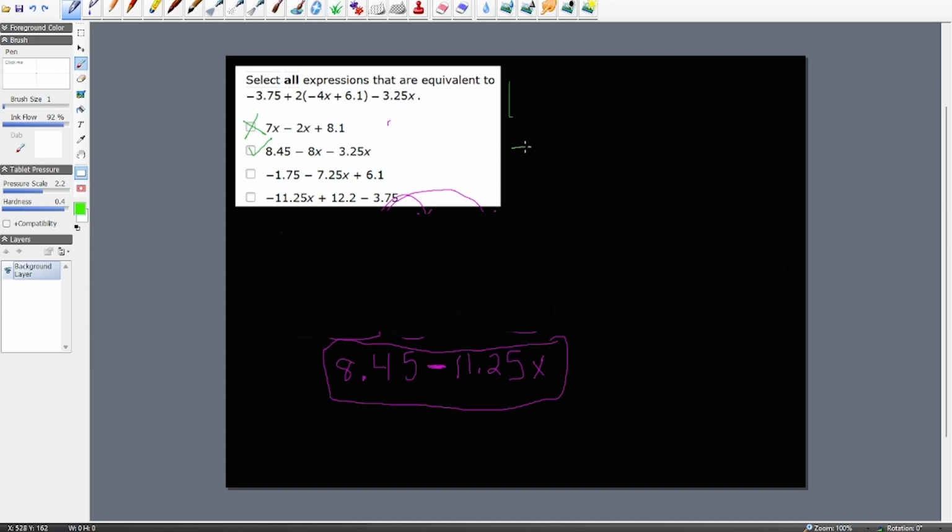Moving to our third option, negative 1.75 minus 7.25x plus 6.1.